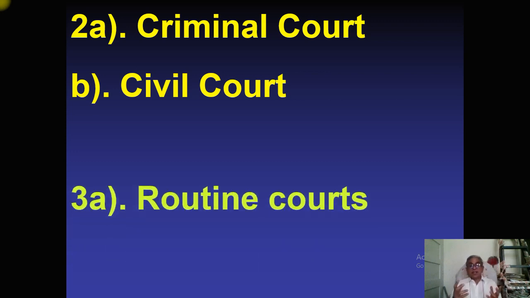Then the routine courts. These courts are present as a matter of routine, such as the magistrate court. These are the criminal courts, dealing with crimes. Civil courts are also routine courts. Session court is present in every district under the district and session judge.